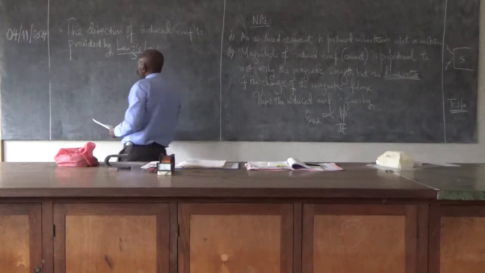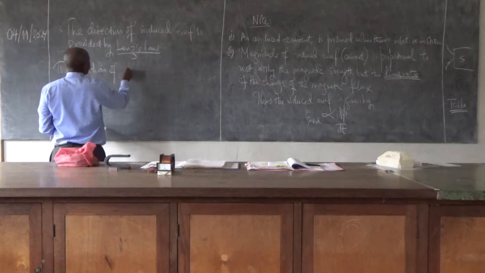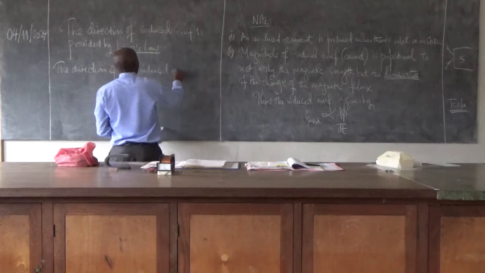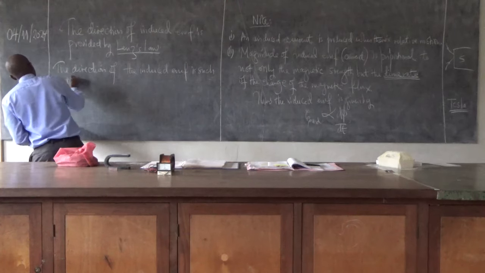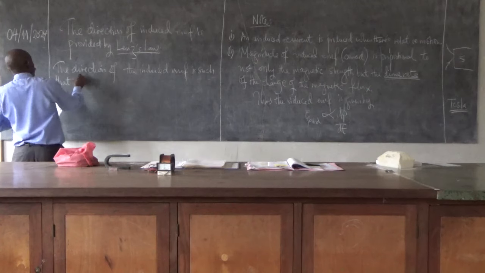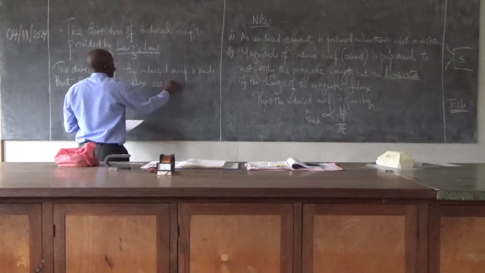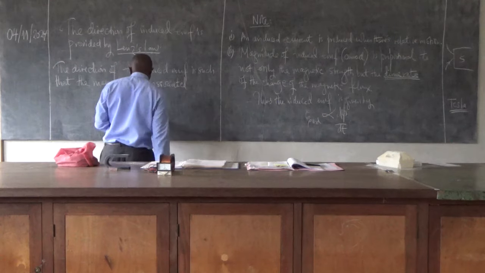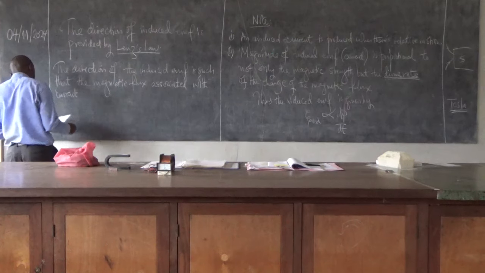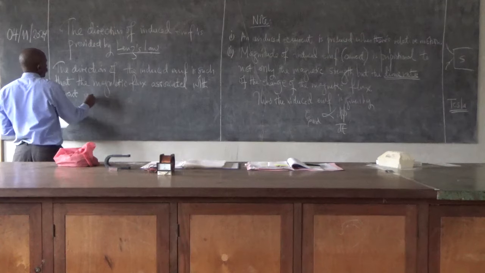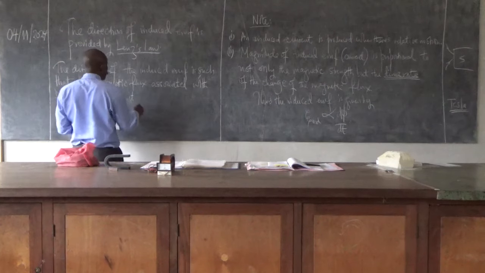So the direction of the induced EMF is such that the magnetic flux associated with the current generated by it opposes the original change.